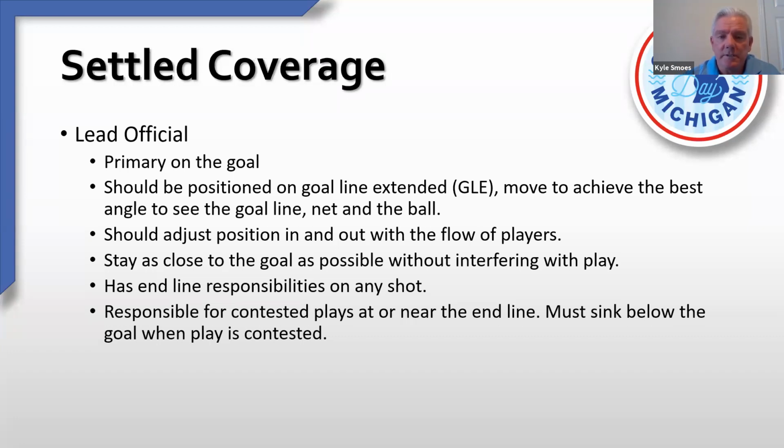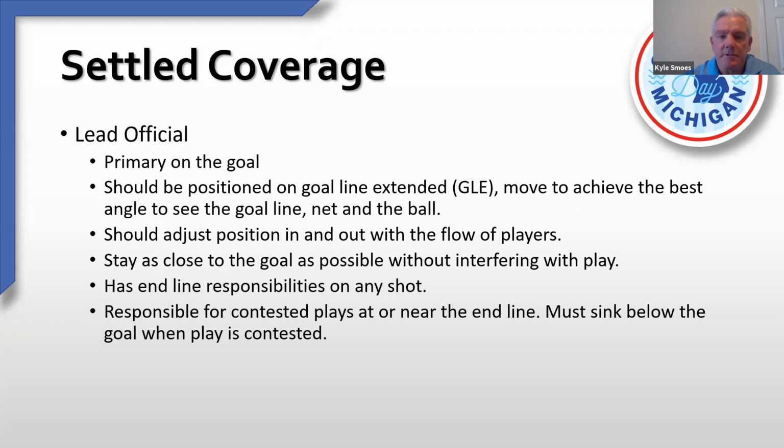His position is referred to as goal line extended. We call that GLE for short, and that is a position outside of the goal, but even with the goalpost. And he will set up there. That gives him a good view of the goal and of the goal crease.